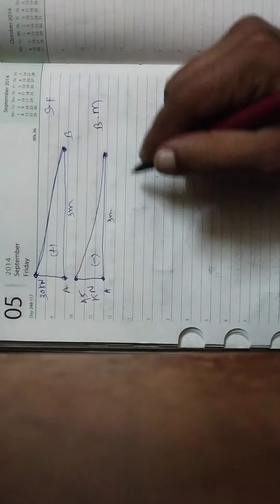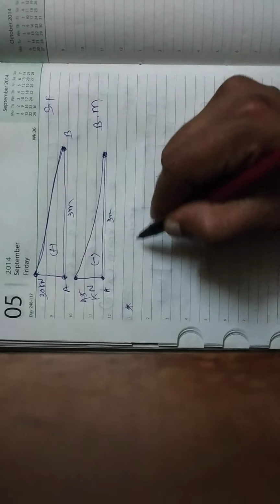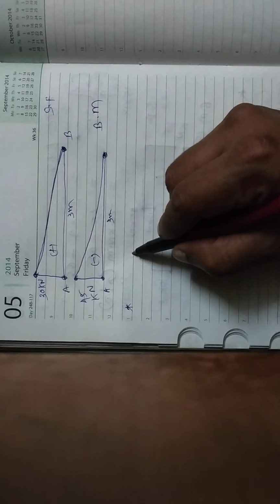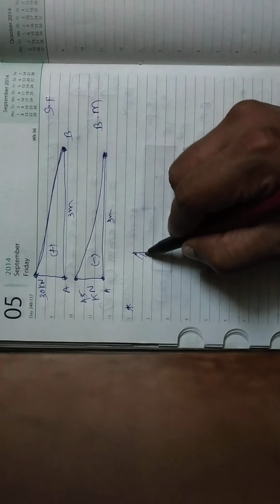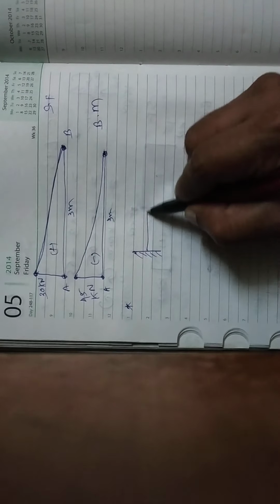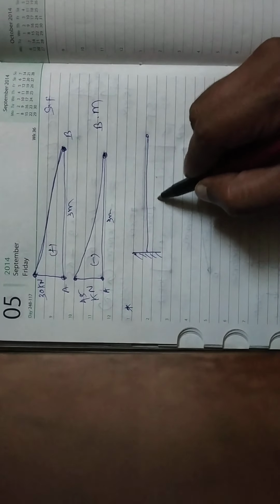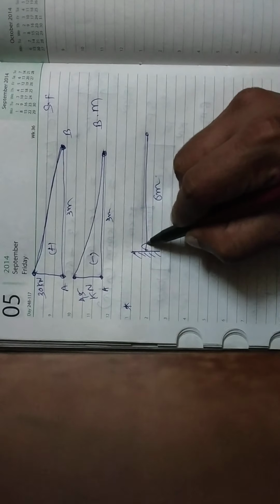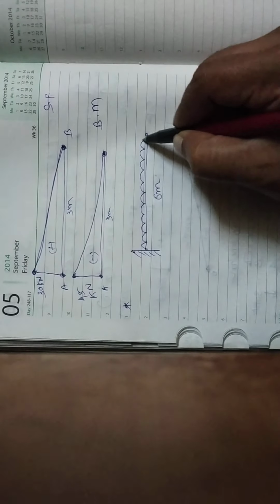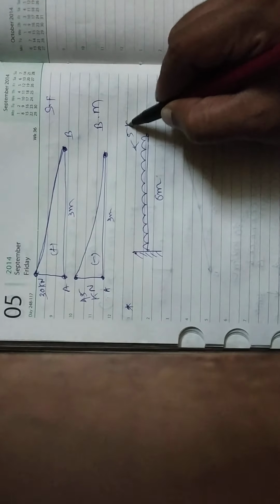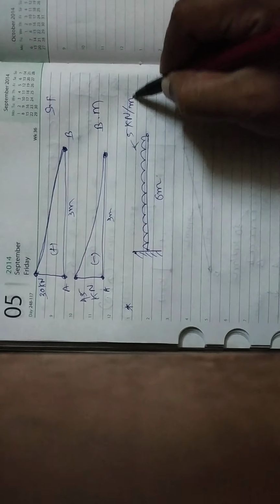Okay, and one more example of a cantilever beam, so we can solve it and understand it in a better way. One cantilever beam has a span of, say, 6 meter, and is subjected to a UDL with a magnitude of 5 kilonewton per meter.